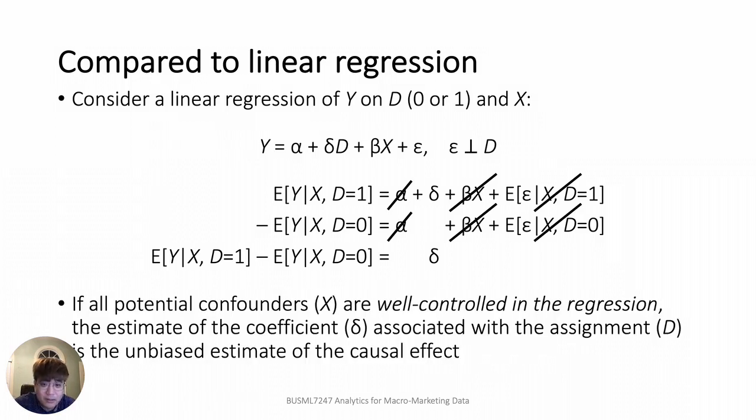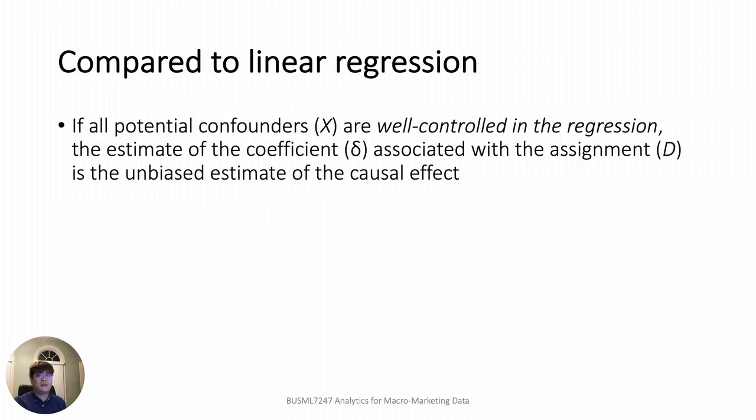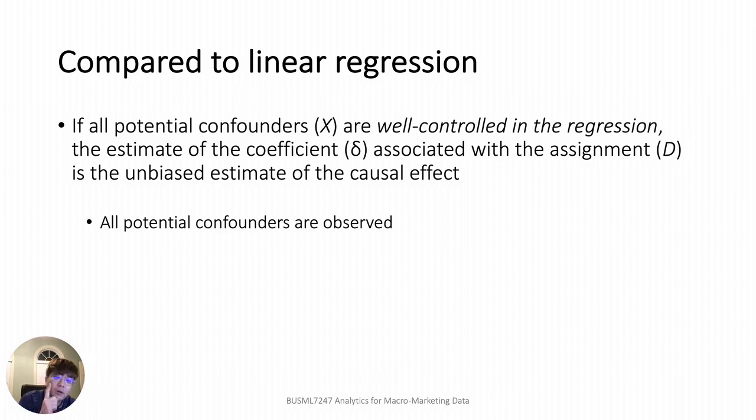That is, if all potential confounders are well controlled in the regression, the estimate of the coefficient associated with the assignment is the unbiased estimate of the causal effect. Then, what does well controlled in the regression mean? It means, first, all potential confounders should be observed in data.